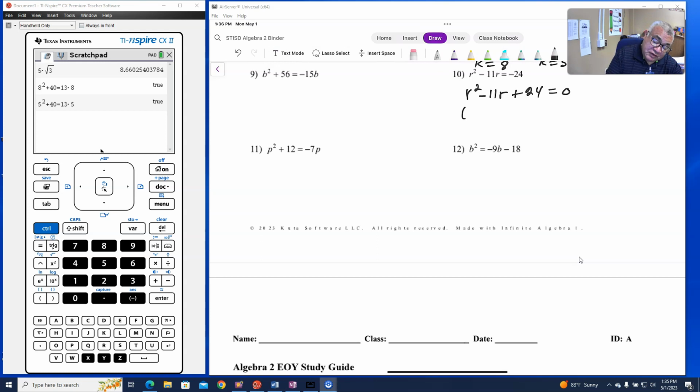So we know that the factors will be r minus 8 and r minus 3, since negative 3 times negative 8 gives you positive 24, and negative 8 plus negative 3 gives you negative 11. You set each factor equal to 0. So r equals 8 and r equals 3, and then you'd want to check just the way I did earlier.